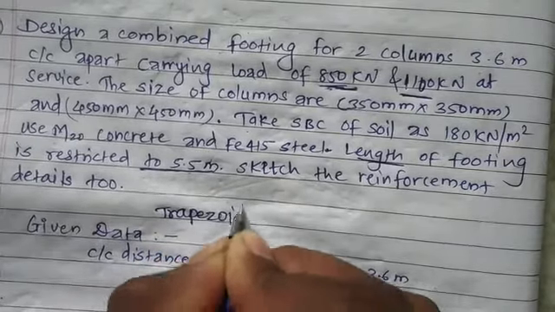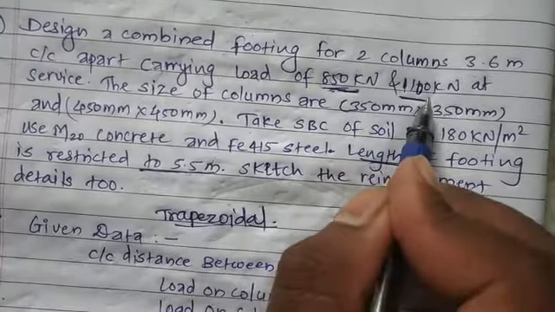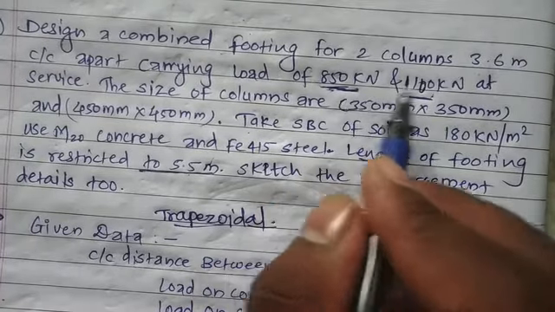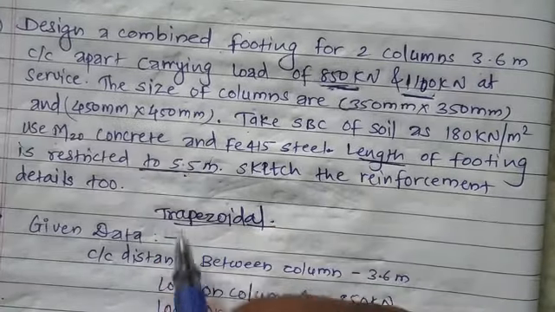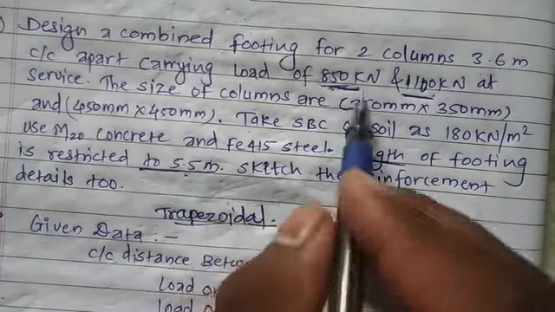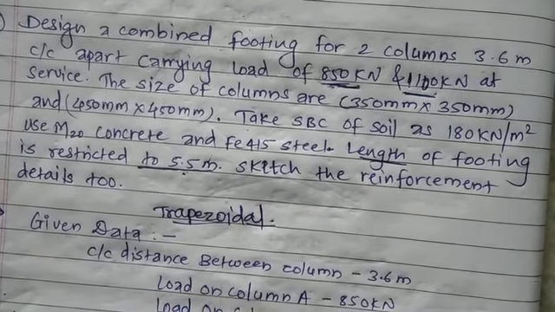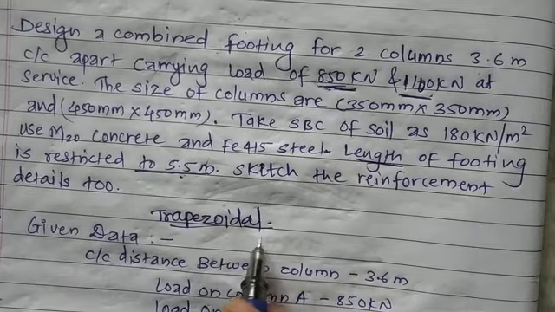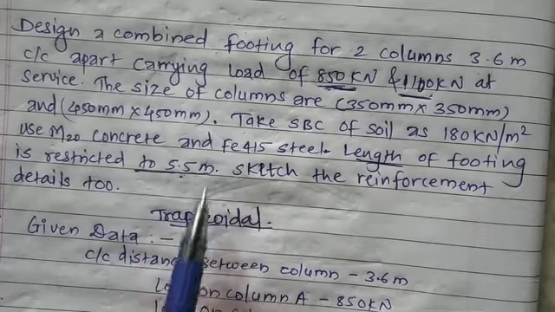As two columns are having unequal load on them and the length of footing is restricted, both of the clues are denoting towards the trapezoidal, means we should design the combined footing as trapezoidal footing.